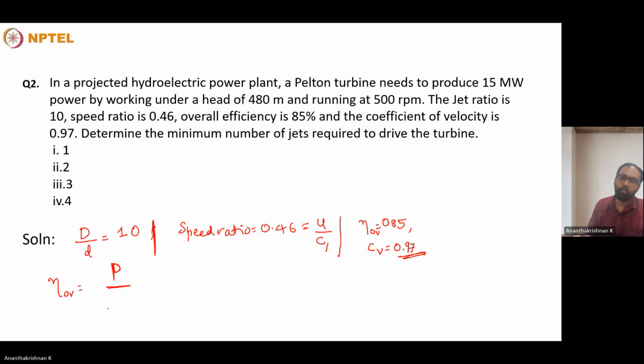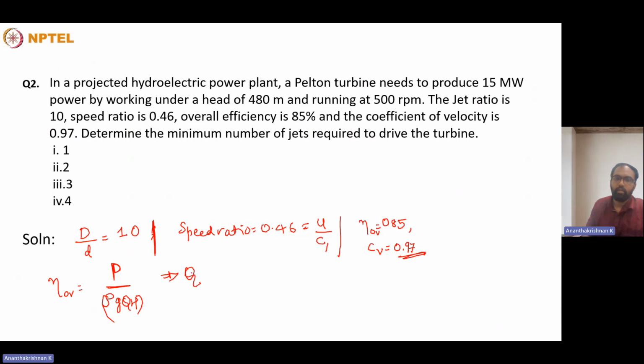And overall efficiency will take into account the head which is available at the inlet of the Pelton turbine and the outlet power. So the fluid energy can be represented in terms of the volume flow rate and the height or the head from which the fluid is coming from.